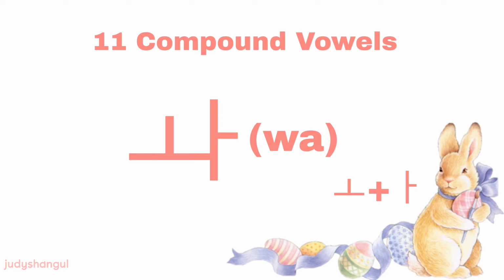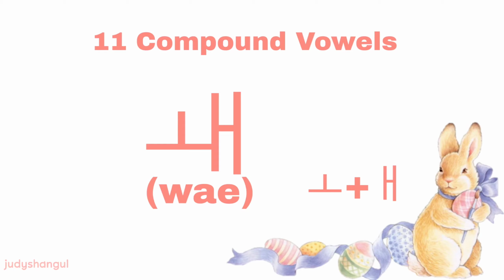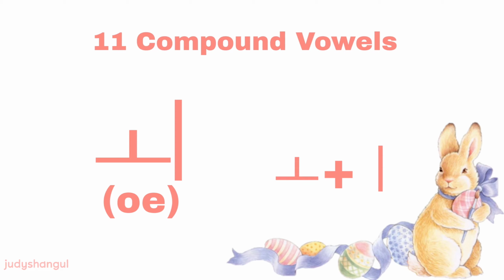This is the combination of the O and A sounds. we. This is a combination of the O sound and the A sound. Although it's a combination of the O sound and the E sound, it is pronounced we.